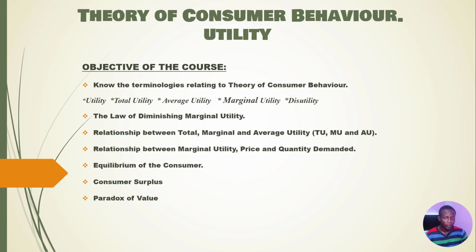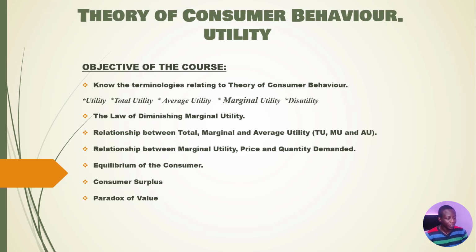We're going to start with utility. The objective of today's course is to go through the various terminologies relating to the theory of consumer behavior. That's utility, total utility, average utility, marginal utility, and disutility. We also check the law of diminishing marginal utility.